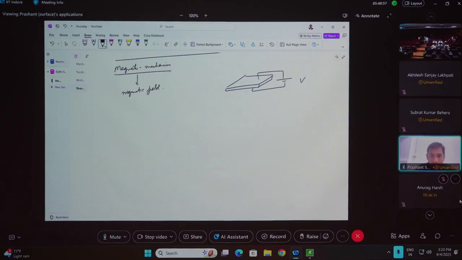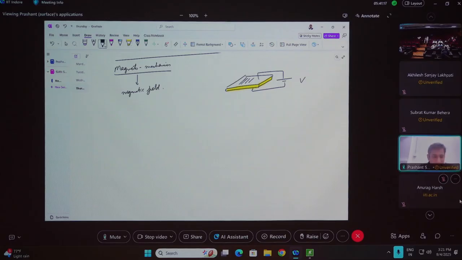The difference is that in electromechanics, pretty much all of your electric field is restricted inside the material of the body itself.